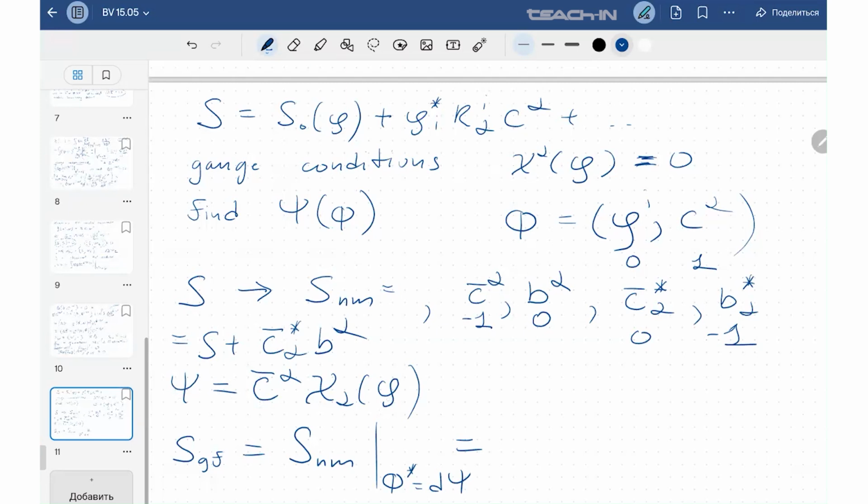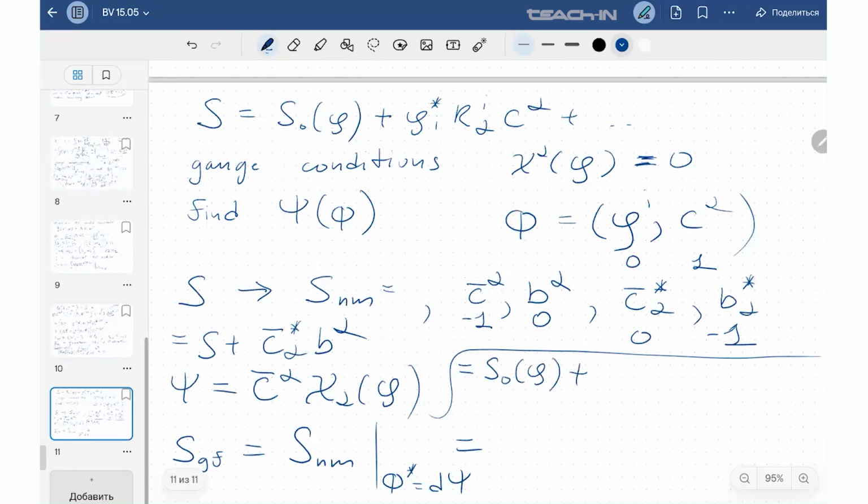So something non-trivial happens with C bar star and with phi star. So let's evaluate. Our S gauge fixed: nothing happens with fields, so the first term is unchanged.